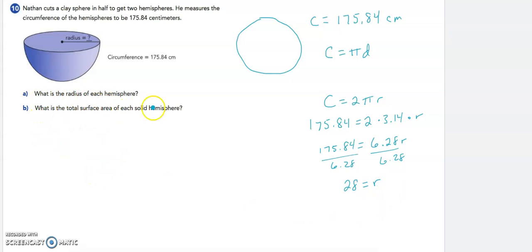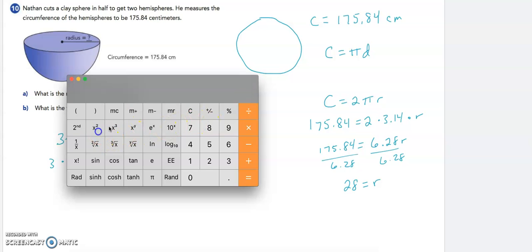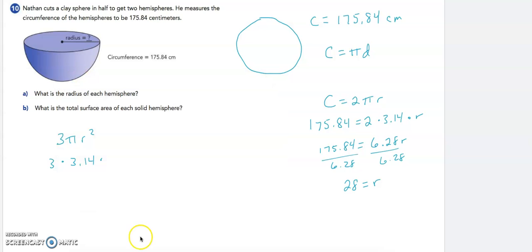Now for B, what's the total surface area of each solid hemisphere? Here's the hemisphere. The formula to find the surface area of a hemisphere is 3 pi r squared. So let's do 3 times 3.14 times the radius squared. The radius is 28, so 28 squared is going to give us 784.